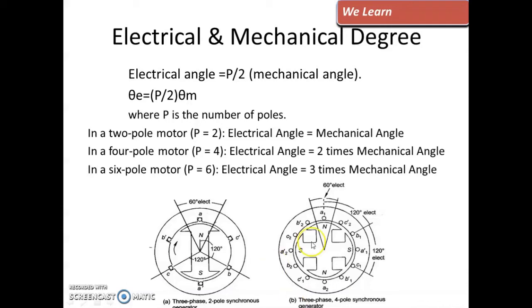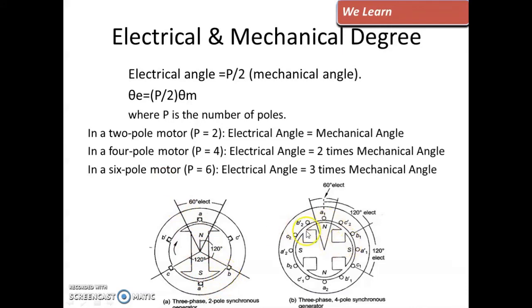For example, if you concentrate on this north pole and south pole of the first machine, you can say that there is an angular difference of 180 degree, right? From north pole to south pole, it is mechanical 180 degree. And coincidentally, for a two pole machine, even electrical is 180 degree. So for a two pole machine, mechanical is also 180 degree and electrical is also 180 degree.